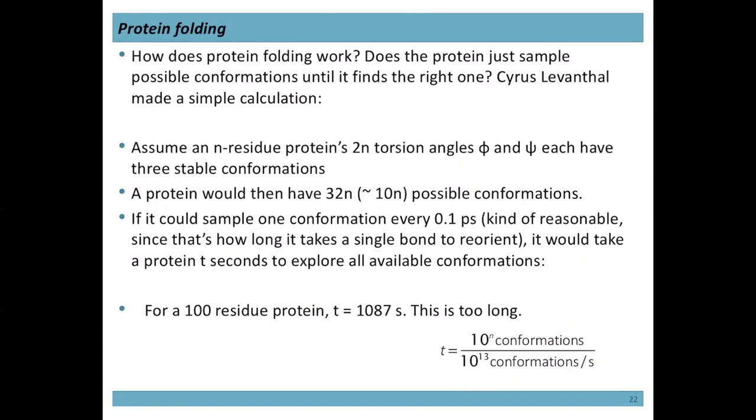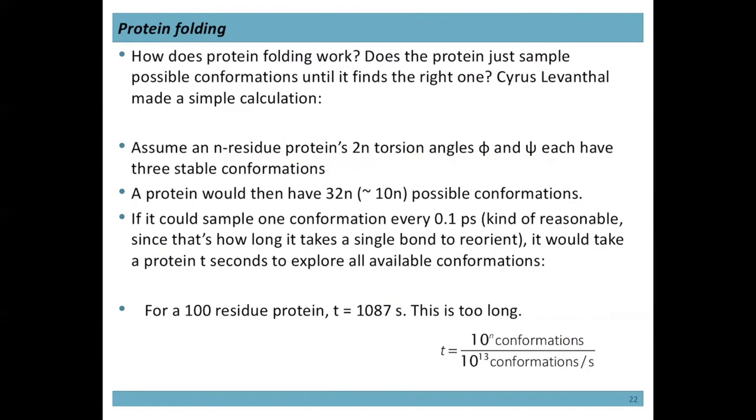So does a protein just sample all possible conformations until, like Goldilocks, it finds the just right? And so there's been a simple calculation, and that is if I have a protein of N residues and it has 2N torsional angles, the phi and psi angles, and let's just say those phi and psi angles each have three stable conformations. Then a protein of N residues would have 3^2N possible conformations.